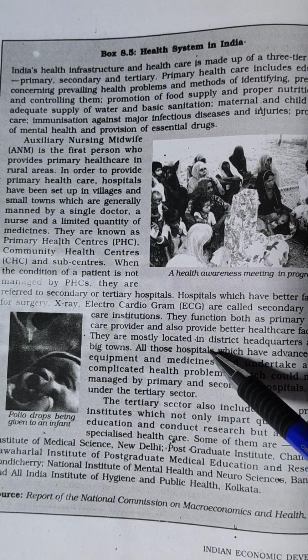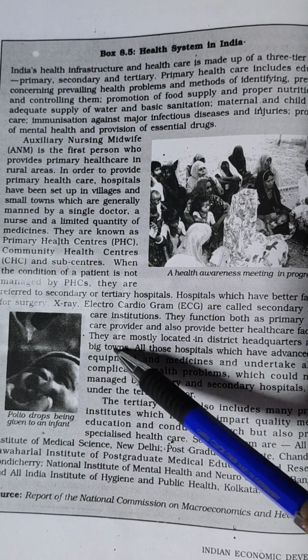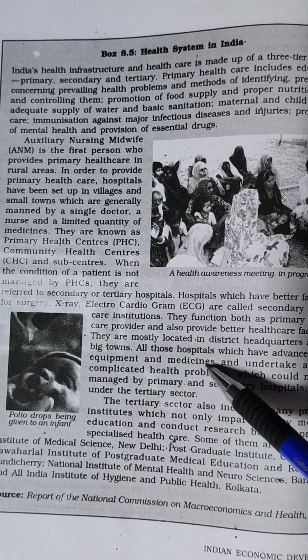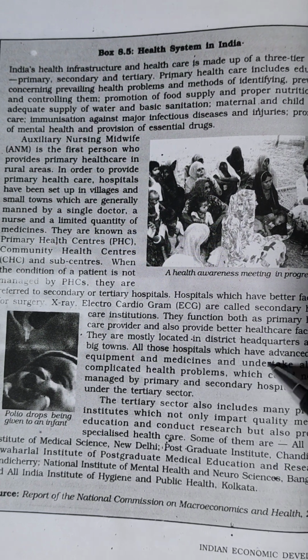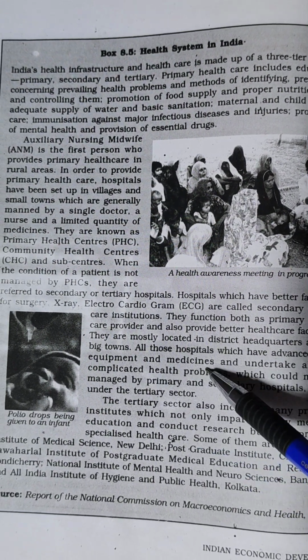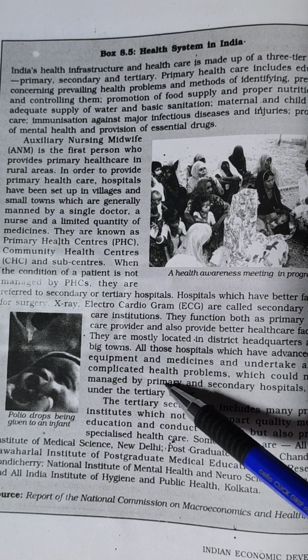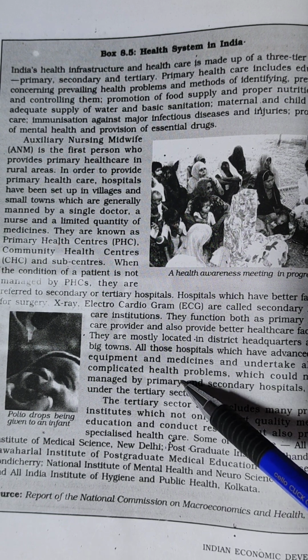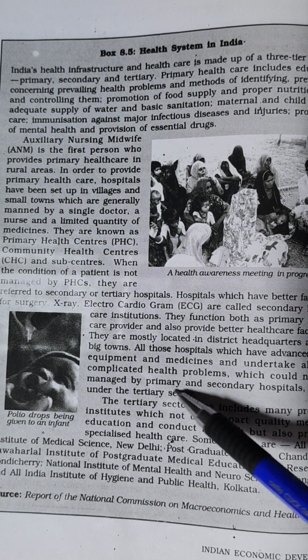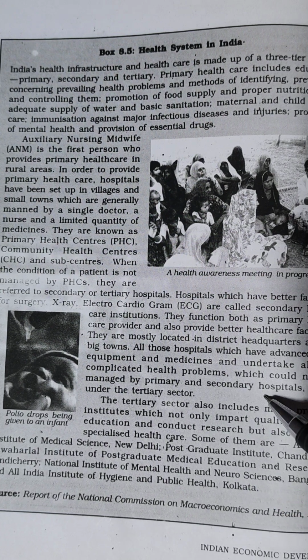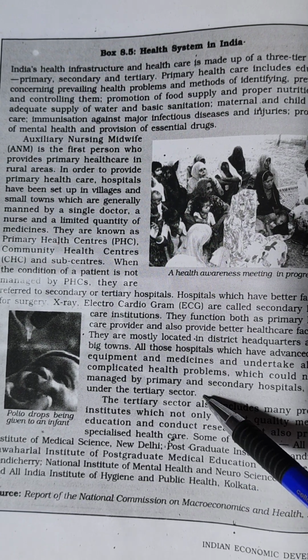They are mostly located in district headquarters and in big towns. All those hospitals which have advanced level equipment and medicines and undertake all the complicated health problems which could not be managed by primary and secondary hospitals come under the tertiary sector.